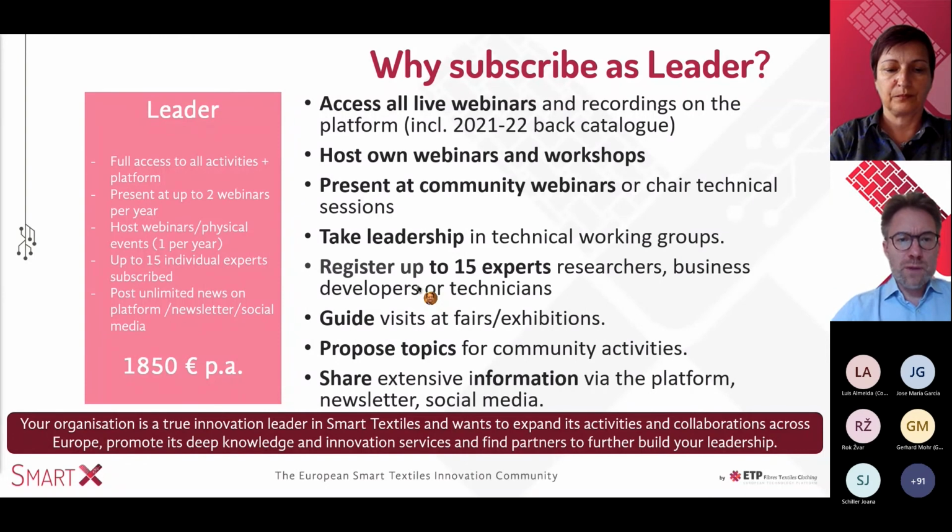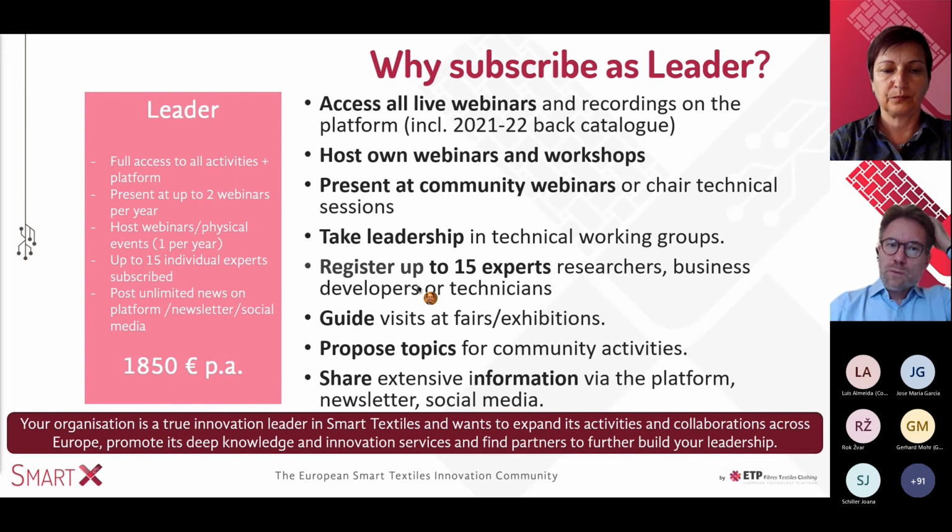So what we believe organizations that should consider to subscribe for this leadership package is organizations that consider themselves as true innovation leaders in smart textiles in Europe, and who want to expand their activities and collaborations across Europe. So with the interest of promoting their deep knowledge, promoting innovation services, competences that they have, and also finding partners to further build their leadership.